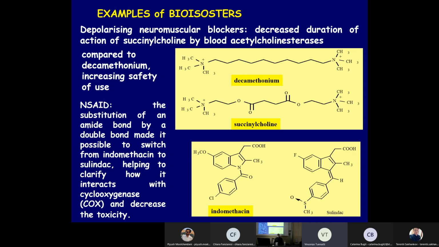This means that after 1 hour of the surgery, you are able to walk, to go away. This is a particular application of this approach to an important molecule such as decamethonium. We have a safer drug with optimized physicochemical and pharmacological properties.